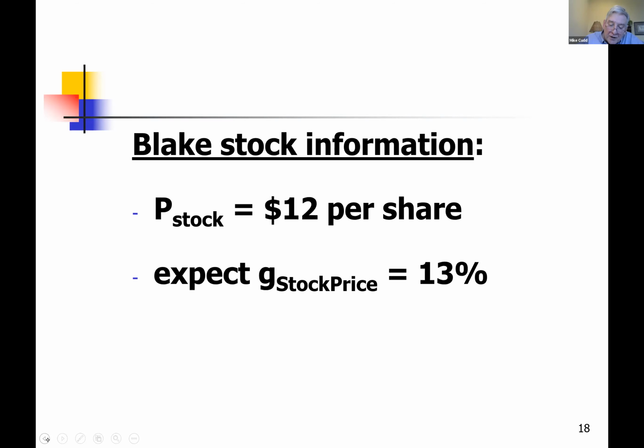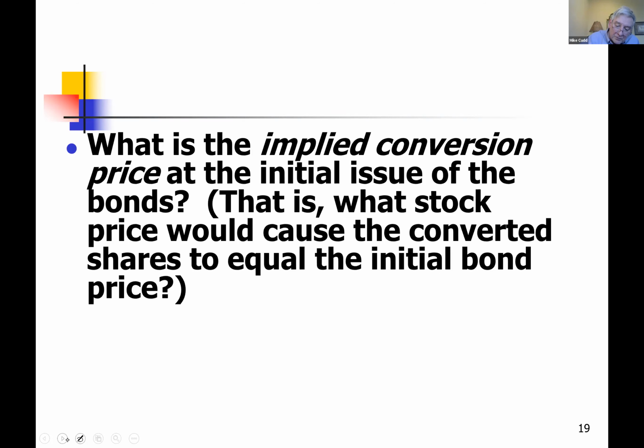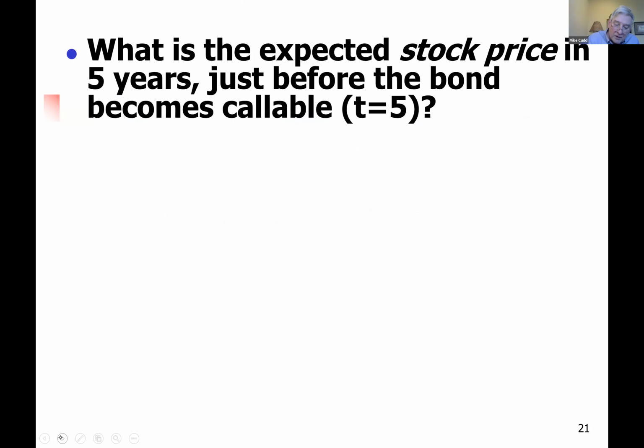So if it turns out the stock climbs enough that in 5 years the converted shares are worth more than $1,040, the bondholders will convert. So one of the things we want to do is find out what would the convertible value of the bond be just before it becomes callable.